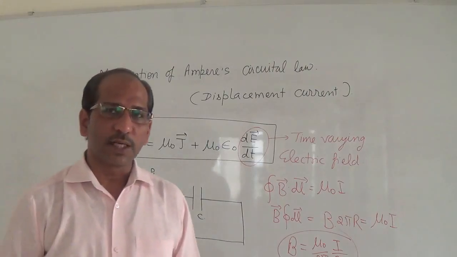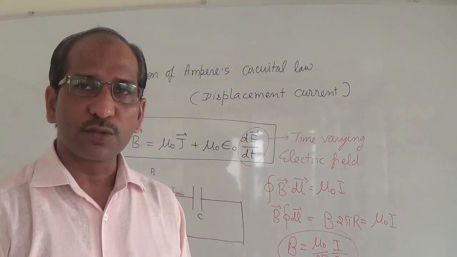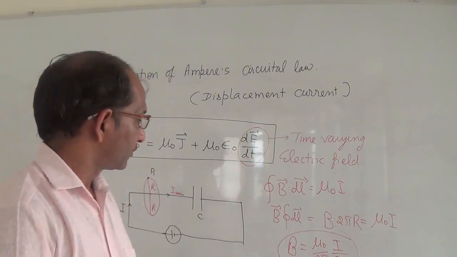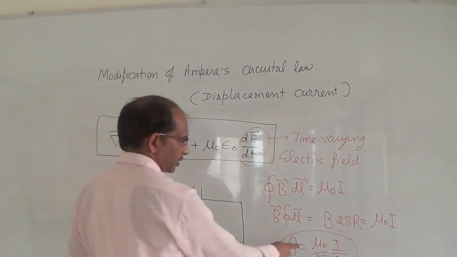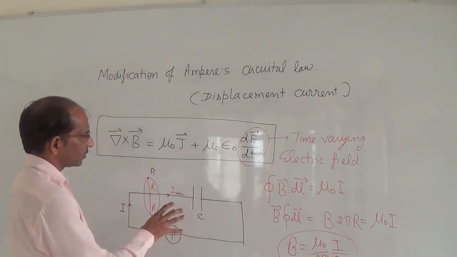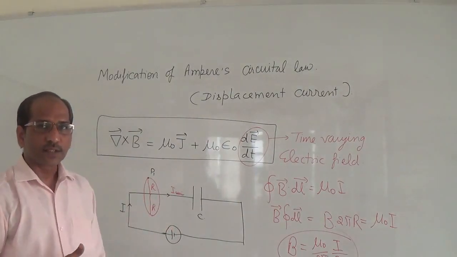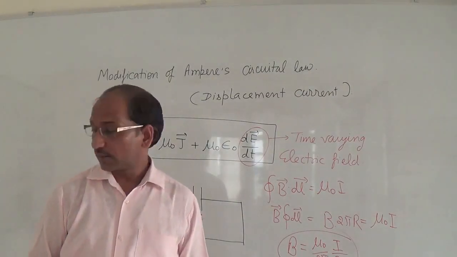This is the magnetic field at any point by using Ampere's law. So one can use Ampere's law to find the magnetic field at any point.